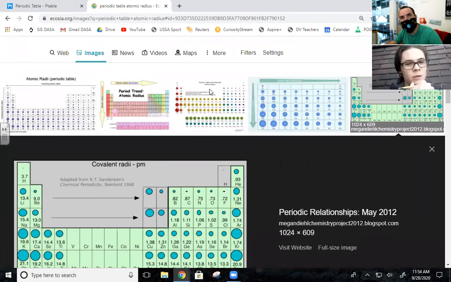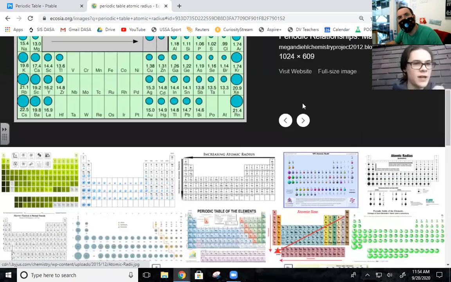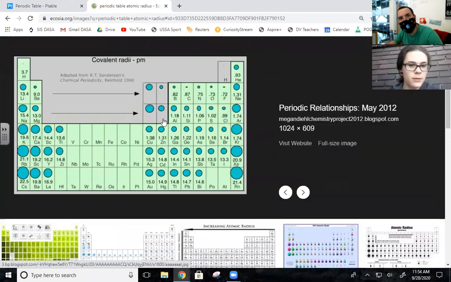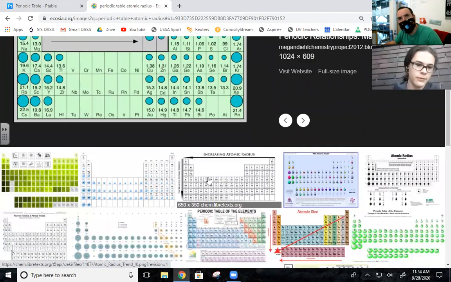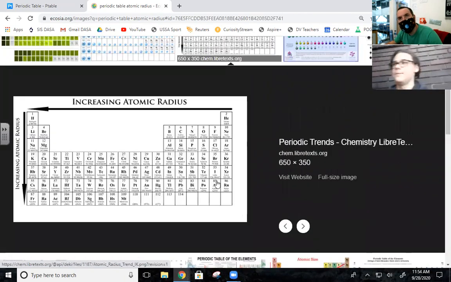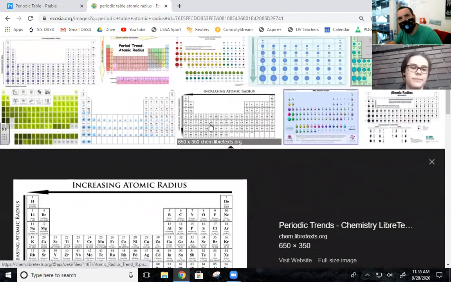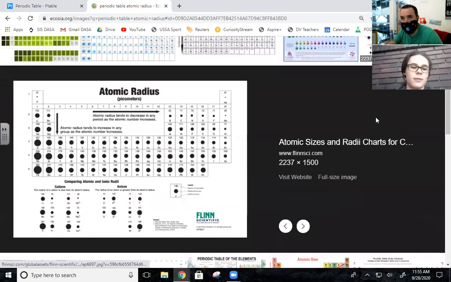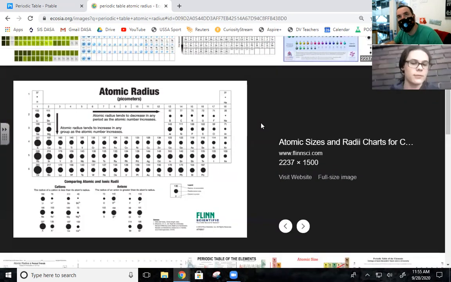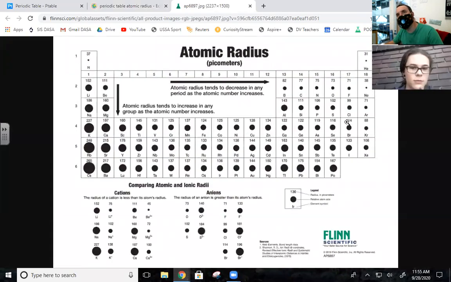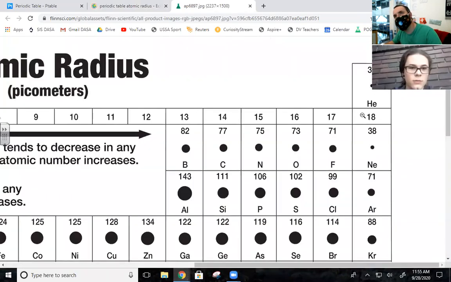Why would that be? Because helium only has one proton, so it should be the smallest, right? This is wrong. This is a different thing. I guess the covalent radii is similar, but not the same thing as atomic radius. Let's see here. Yeah, that's better. Wait, so what were you looking at before?